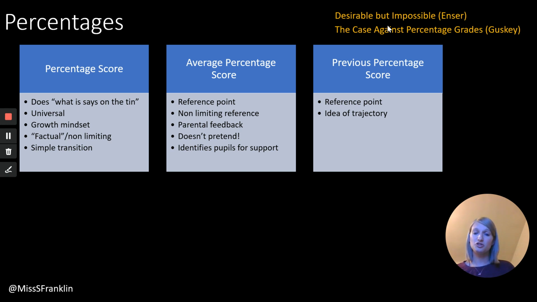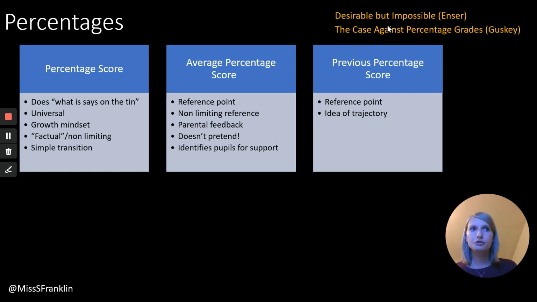Now, the average percentage score gives a reference point, like I talked about, and it was really clear from the parental feedback when I first talked to them about what was wrong with the initial system, what they liked about the initial system and what was wrong with it, and equally what they would look for in a new system. They were very, very clear that they wanted some kind of reference point about how their child was doing.